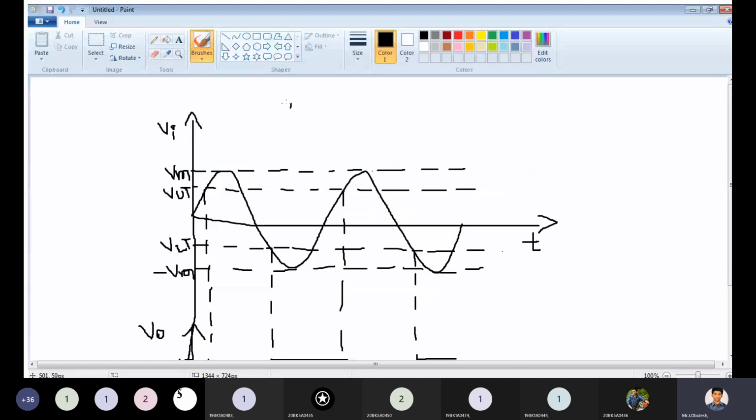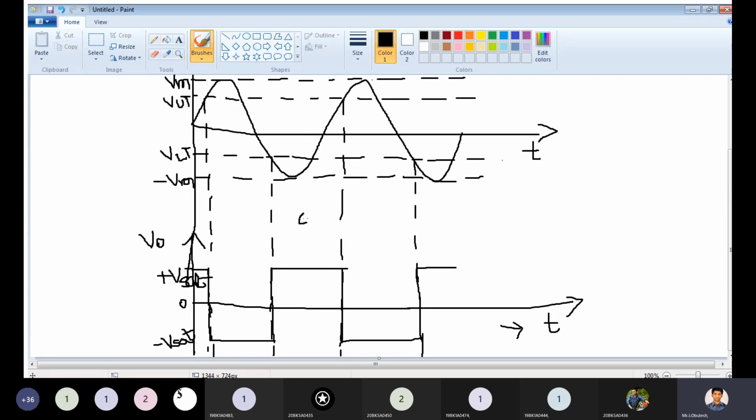So this is the input waveform. This is the output waveform. Okay.